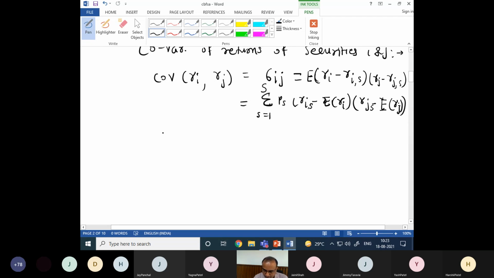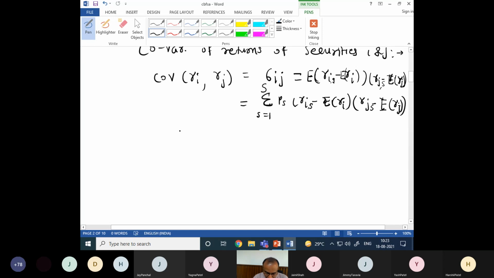So please correct me if I do anything wrong. Sorry, I have written something wrong here also, so let me correct. Just wait, there is a correction. It is Ris minus E of Ri, and Rjs minus E of Rj, the expected value of return of security J. Okay, so this is the correction.